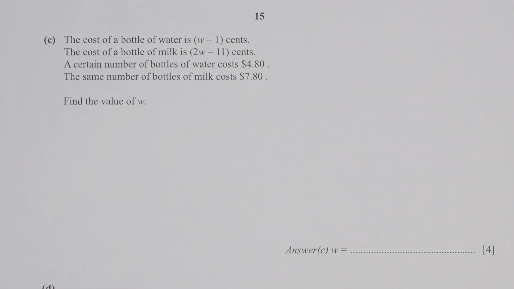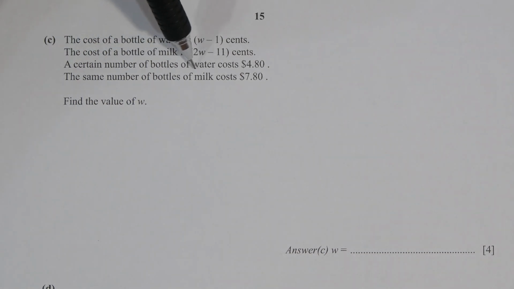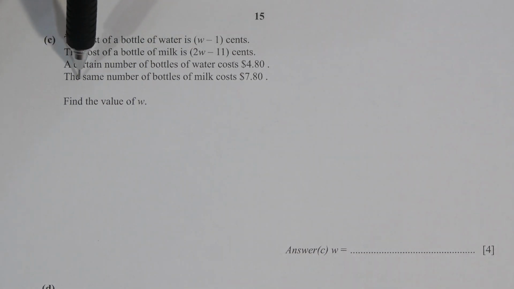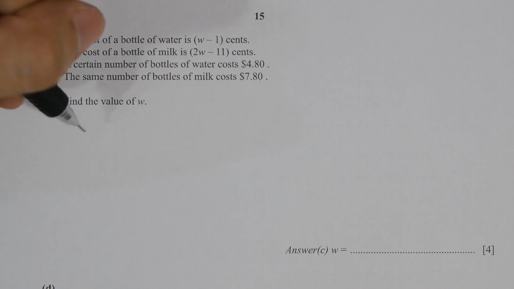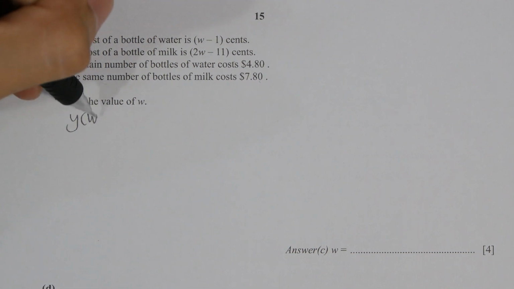For part C, the cost of a bottle of water is W minus 1 cent, and the cost of a bottle of milk will be 2W minus 11 cent. They didn't mention how many bottles there were, so you're required to run the calculation.